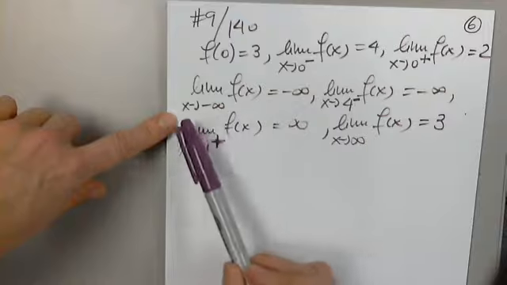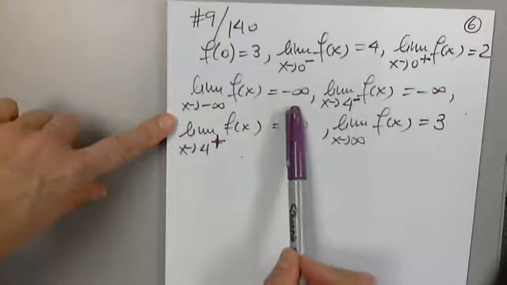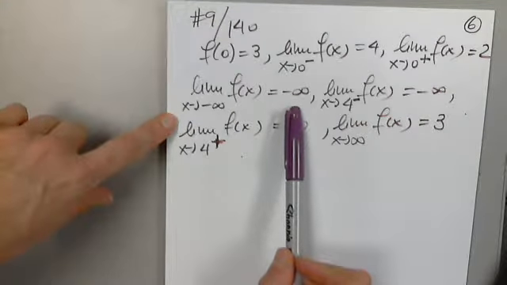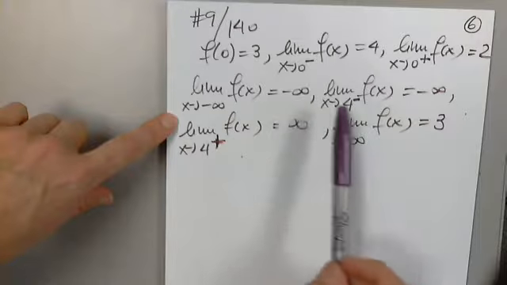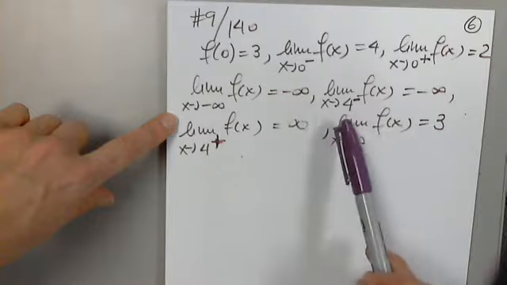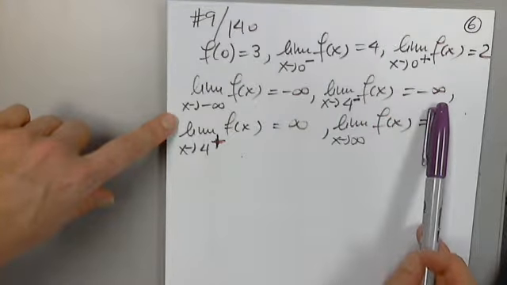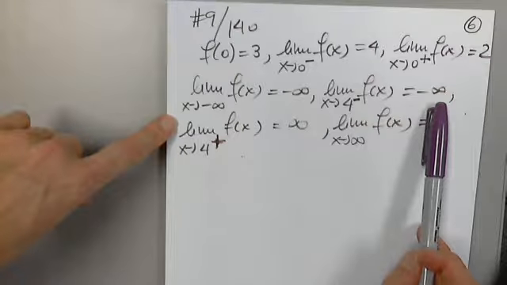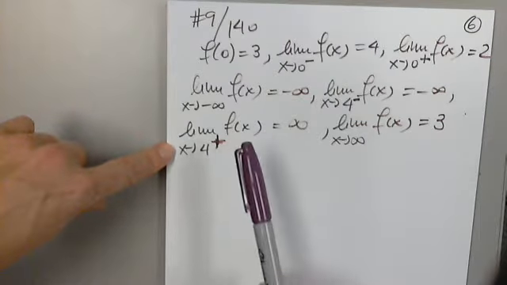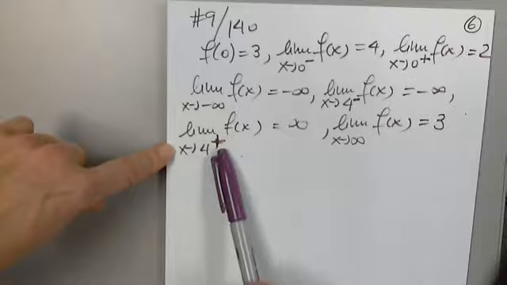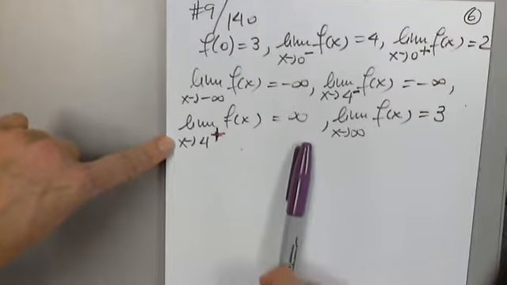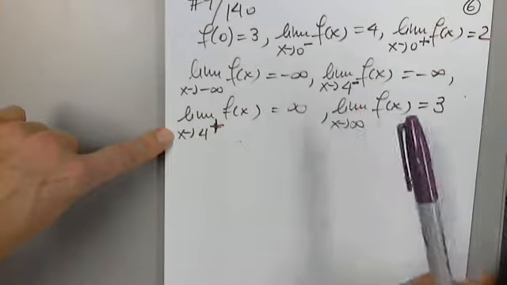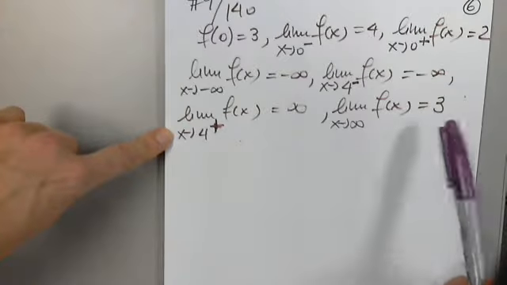Limit of f of x as x approaches negative infinity is negative infinity. Limit of f of x as x approaches 4 from the left is negative infinity. Limit of f of x as x approaches 4 from the right is infinity. And limit of f of x as x approaches infinity is 3.